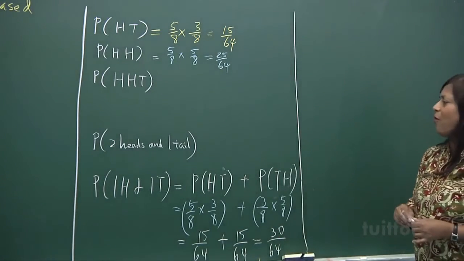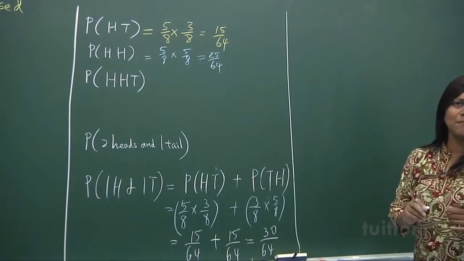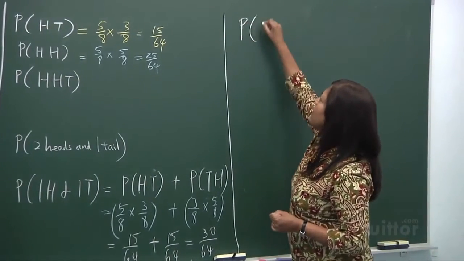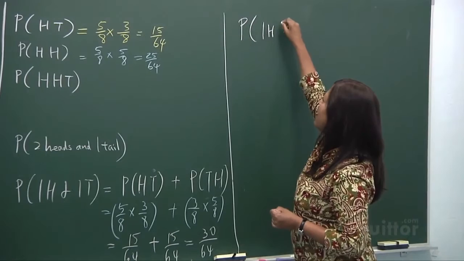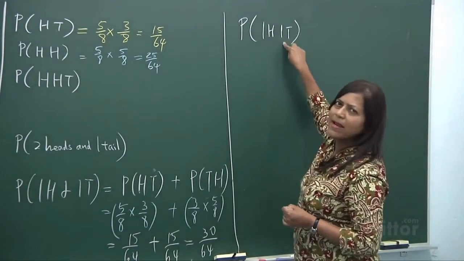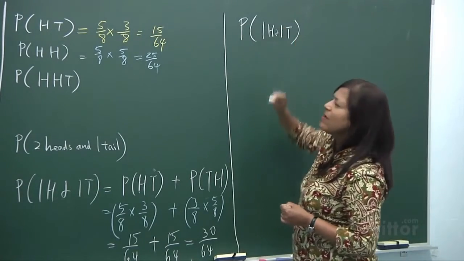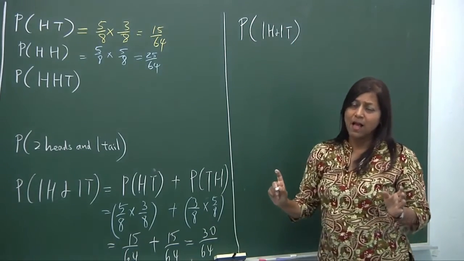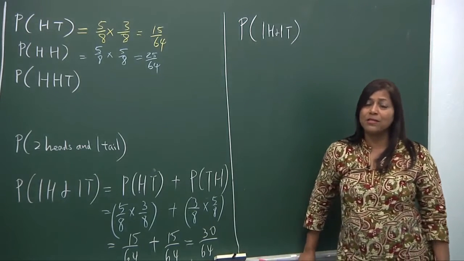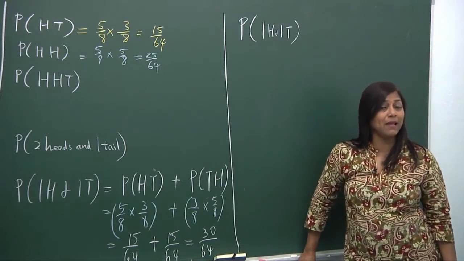Let's go a little deeper, my dear friends. When I said I want a probability of one head and one tail from my two outcomes, I'm not specifying the order of the event. I'm not saying I want a head followed by a tail.